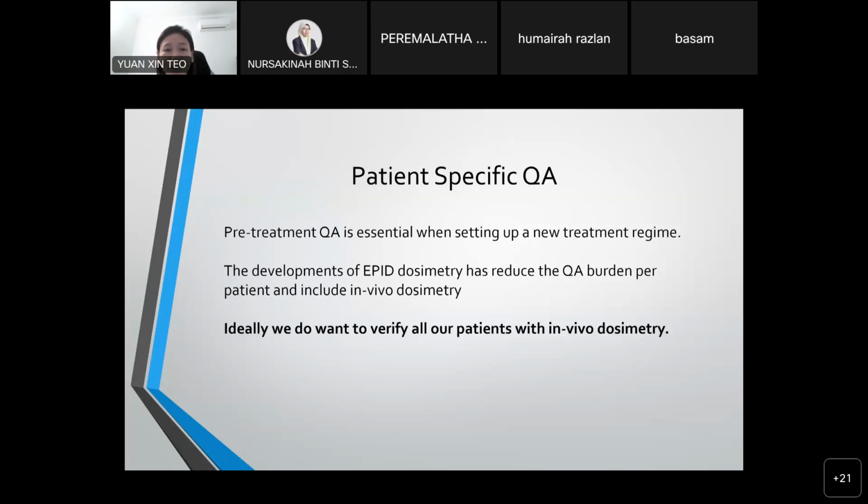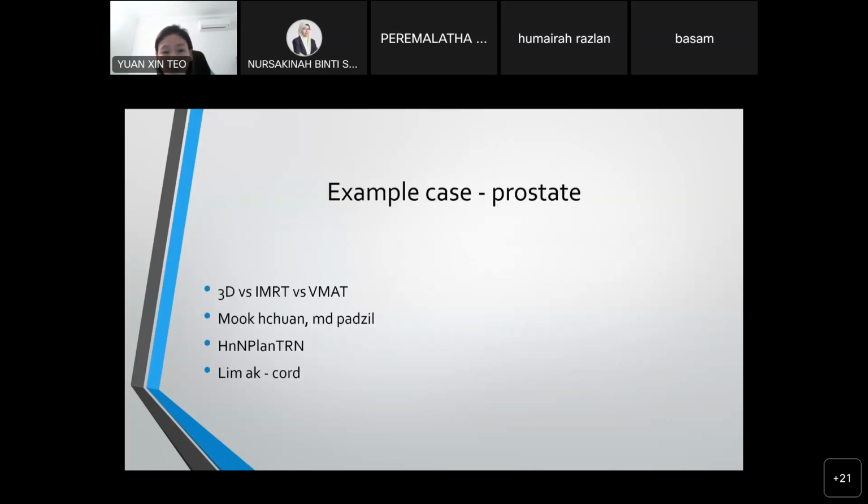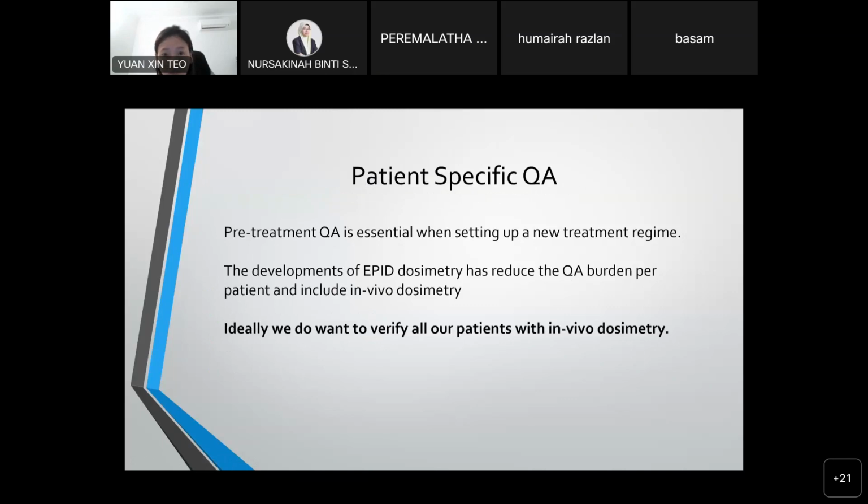But while using this EPID in vivo dosimetry, we can somehow reduce our time to set up all this, and this is in vivo, meaning with real patients. We do all the QA on real patients.